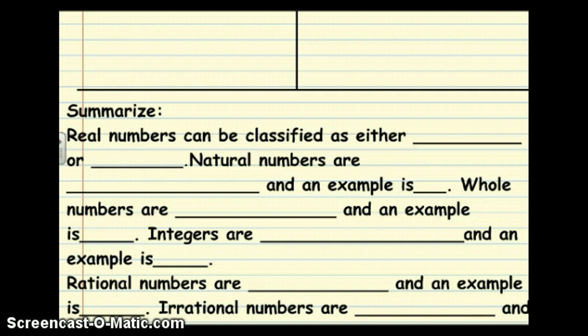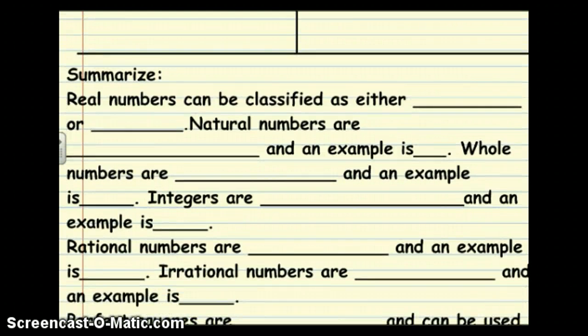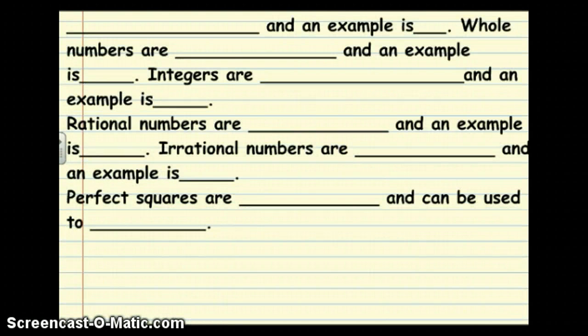We then talked about whole numbers, give us a definition and an example, and integers, again, a quick definition and an example. Rational numbers are blank, and an example is blank. Irrational numbers are blank, and an example is blank. Perfect squares are and can be used to blank.